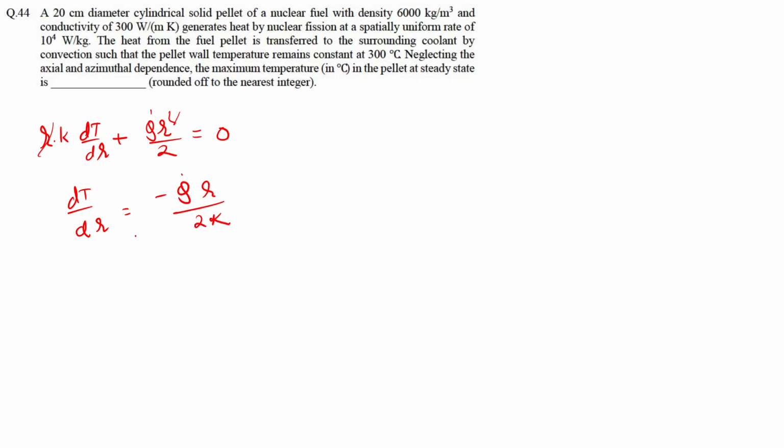We can again integrate this equation with respect to r to find the temperature variation across the radius. So that will give us T is equal to minus q dot into r square on 4k plus C2.